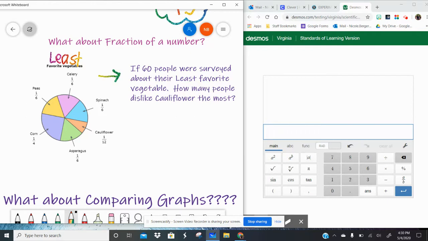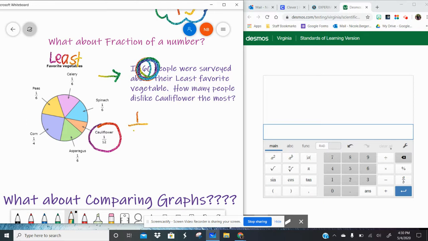If 60 people were surveyed about their least favorite vegetable, how many people dislike cauliflower the most? Again, the most important thing in this question is how many people were surveyed. That circle represents 60 people. We want to know how many people do not like cauliflower. That's 1/12, so I have to figure out how many actual people that is.